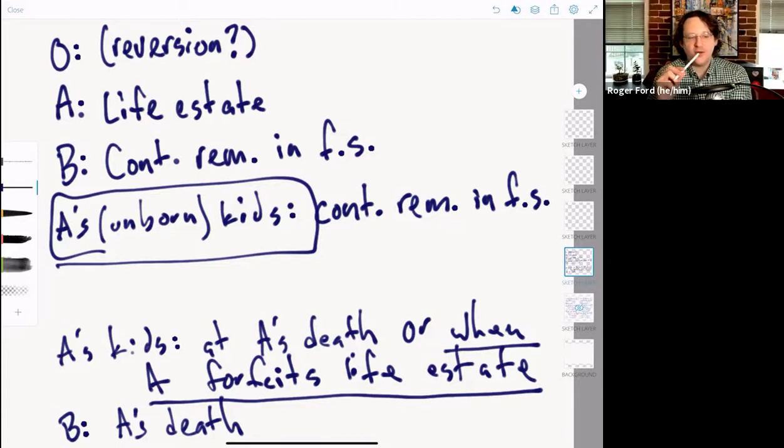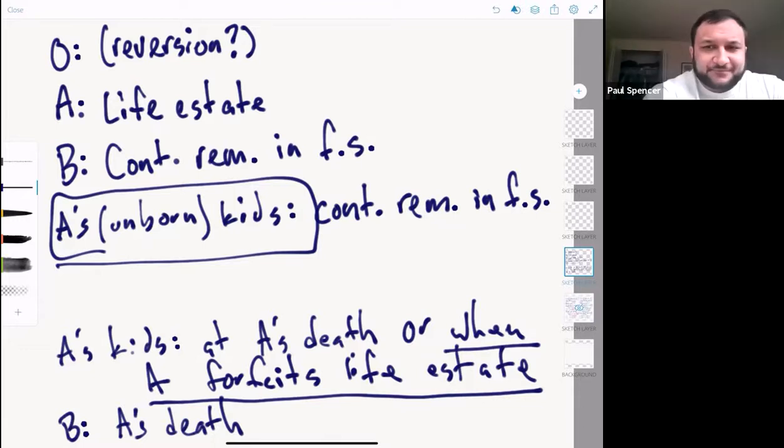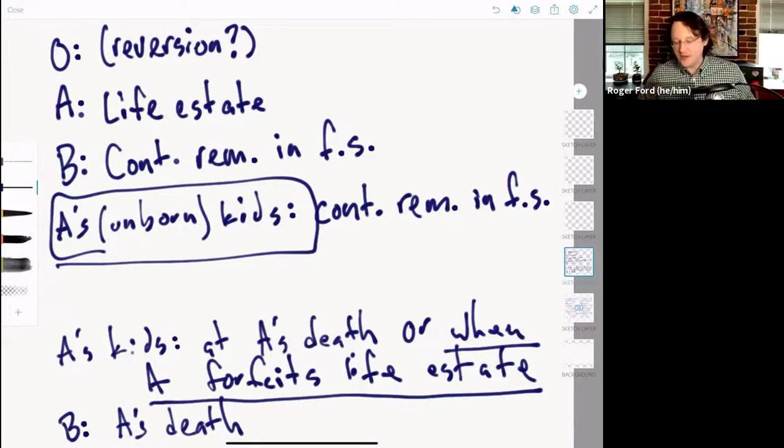Mr. Spencer: Maybe this was answered earlier with Josh Andrews's question, but I was a little bit confused why B has a contingent remainder in fee simple and not a vested remainder subject to divestment. That's a really good question because it depends on the precise wording here, right?